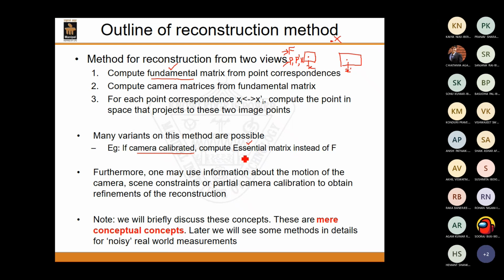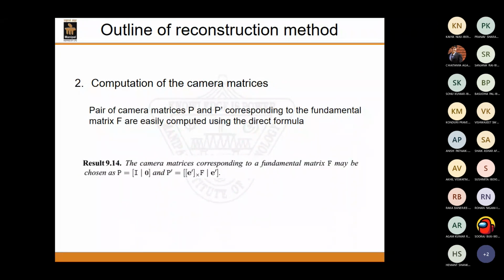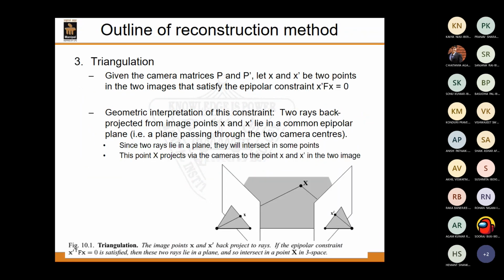But the remaining steps would remain the same. So these are the basic three steps. We were discussing this in detail in the previous class: how we can compute the fundamental matrix, the camera matrices P and P dash, and how we can finally calculate the 3D point X, that is, using the triangulation method.